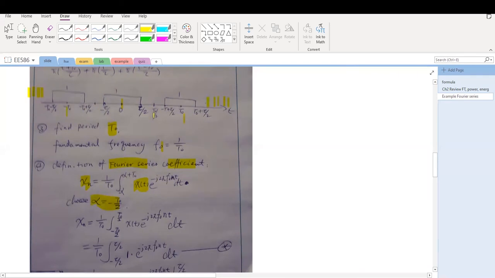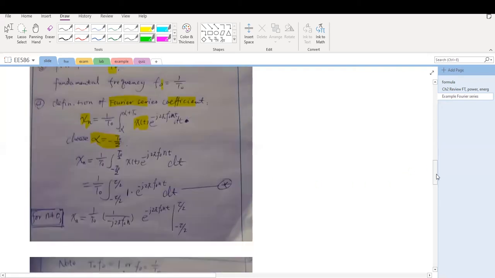Remember here, we have t naught greater than tau, so half t naught should be here, and minus half t naught should be here. You can see if I choose minus half t naught to half t naught, I will integrate this waveform here.